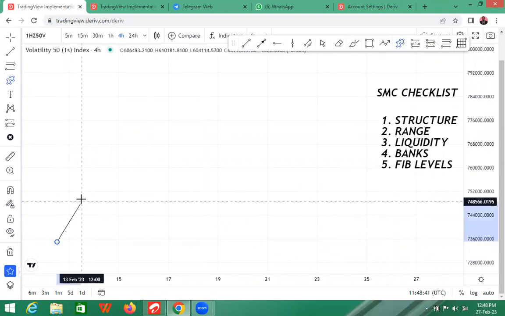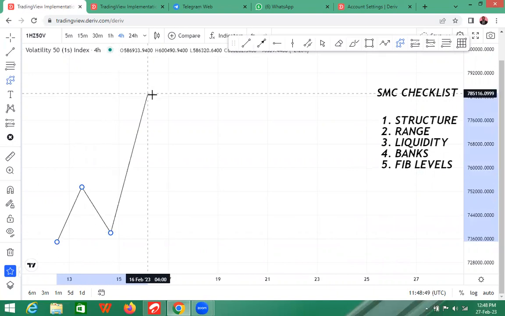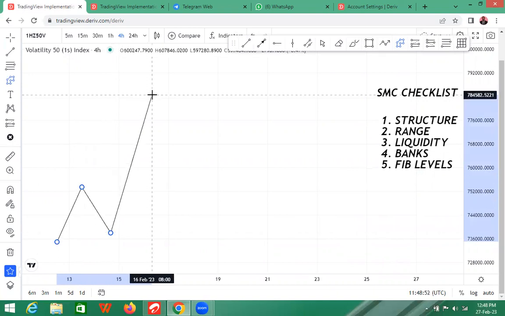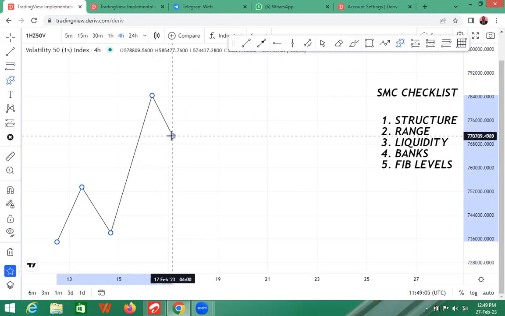We get our structure on a higher time frame. So since we get our structure on a higher time frame, we have all of this, and then price comes, gives us something like this.